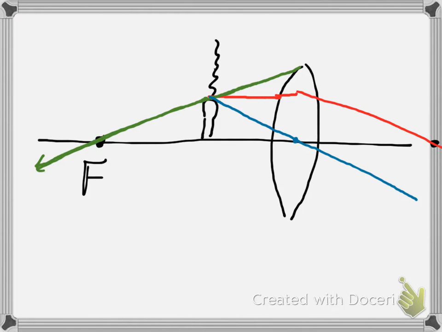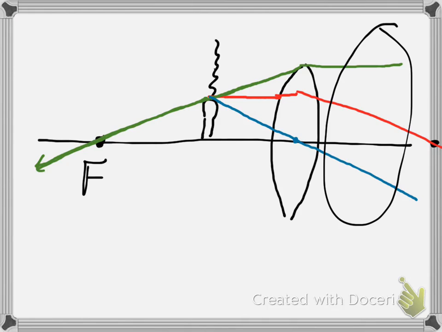Now look at what all three of these rays are doing. And by the way, this ray will come out parallel. So on this side of the lens, in this region, the rays are diverging. They're not going to converge. So they can't form an image on this side of the lens.